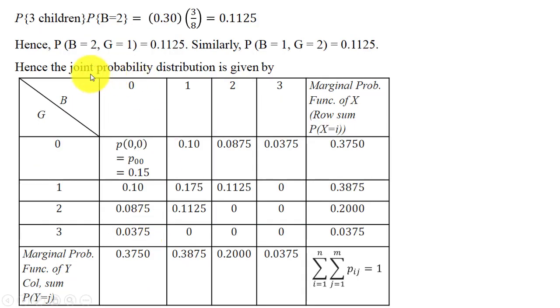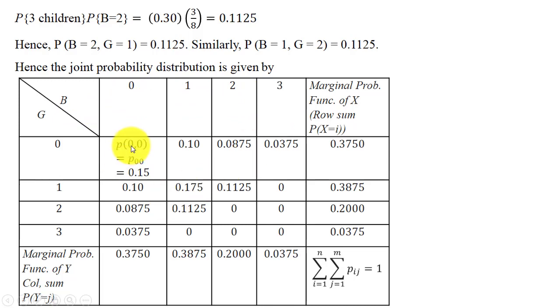We have evaluated all these: the probability of getting two boys and one girl, the probability of getting one boy and two girls, and so on. If you put them in a table, we get the joint probability distribution table as this one, where G denotes the number of girls: 0, 1, 2, 3 girls, and B denotes the number of boys: 0, 1, 2, and 3 boys.